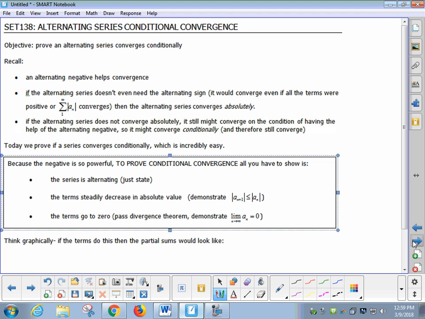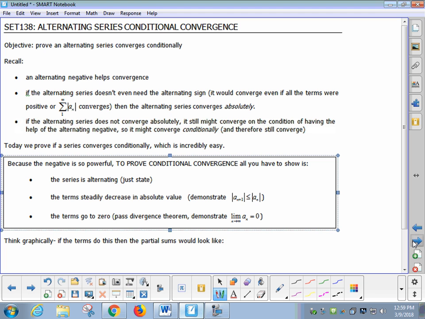To investigate that, you would take the absolute value, remove the negative, and look at convergence. If it converges anyway without the negative, then it converges absolutely. If, however, it doesn't converge absolutely, it could still converge with the help of the negative. That's called conditional convergence, and that's what we're going to prove today.